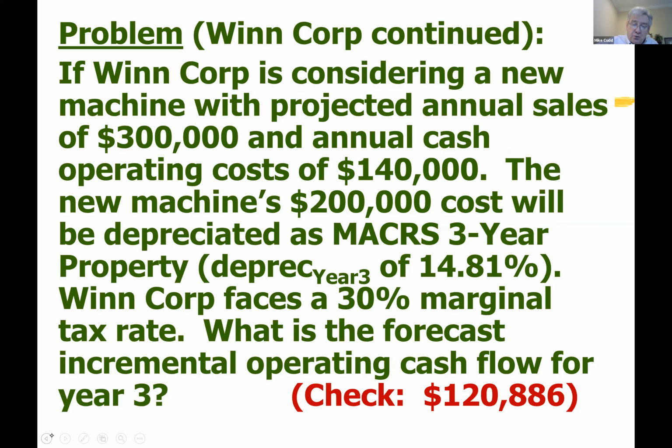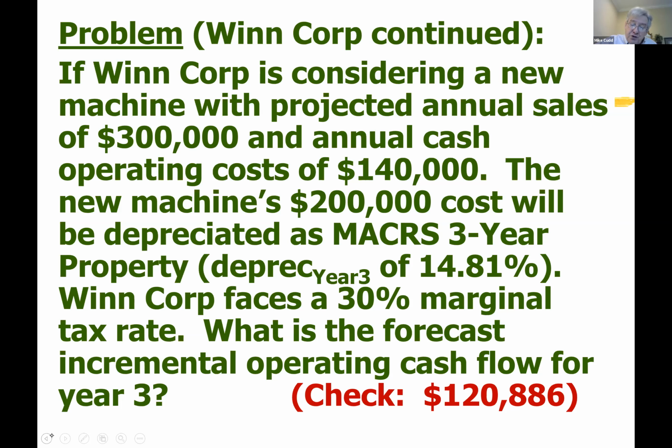That's the start of the Wind Corporation problem. Wind Corporation is considering a new machine that'll generate $300,000 a year in sales. It'll incur $140,000 a year in cash operating costs. The machine itself costs $200,000.